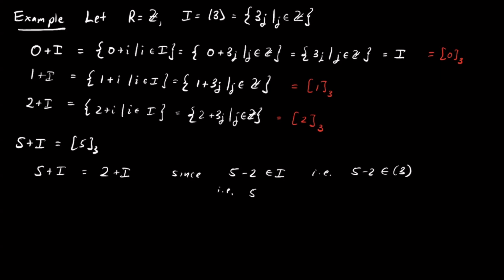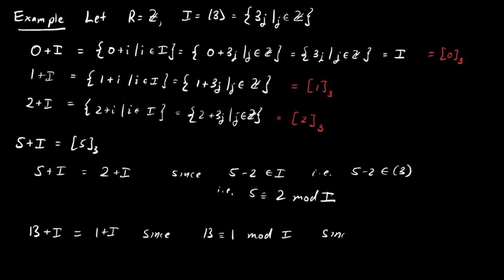In other words, 5 is congruent to 2 mod I. Right, so if we try to form any other equivalence classes, we've noticed we've kind of captured them all. If I tried something else, I would notice that, for example, 13 plus I is equal to 1 plus I, since I know that 13 is congruent to 1 mod I, since 13 minus 1 is a multiple of 3.